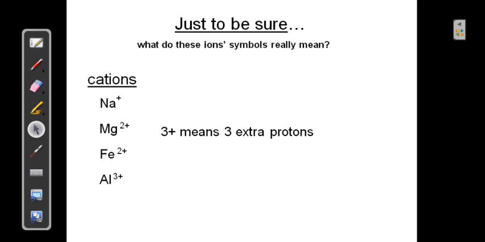When you have 3 extra protons, definitely you need 3 electrons to become an atom back to its original form, right? So I would rather you see 3 plus as an ion having 3 extra protons.